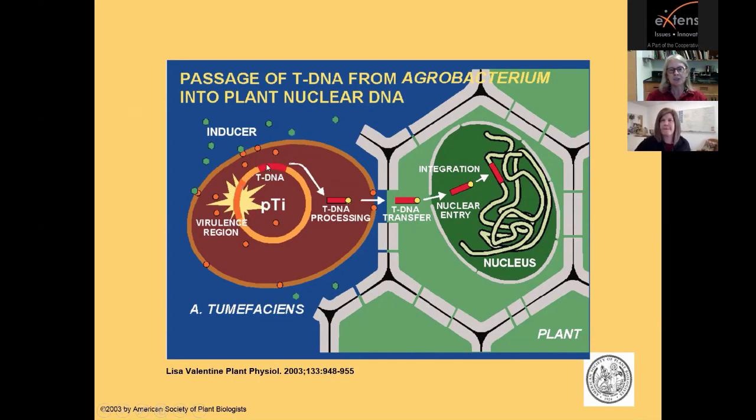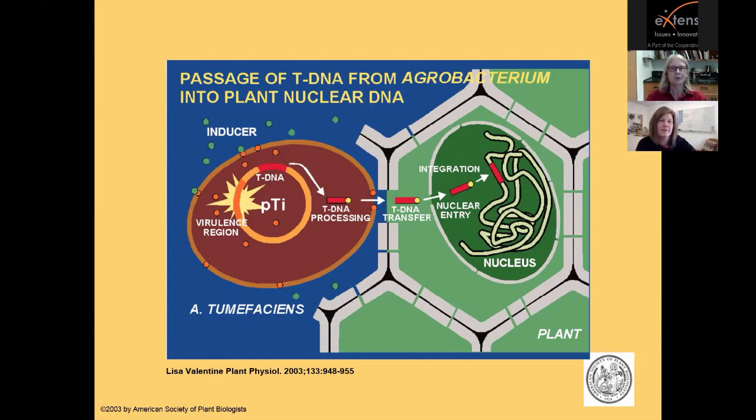That, in turn, initiates the movement of a piece of DNA that belongs to the bacteria through the bacterial cell, into the plant cell, into the nucleus of the plant cell, and it becomes incorporated into the host genome. As a result, the plant starts making certain amino acids that are favorable to the bacterium.